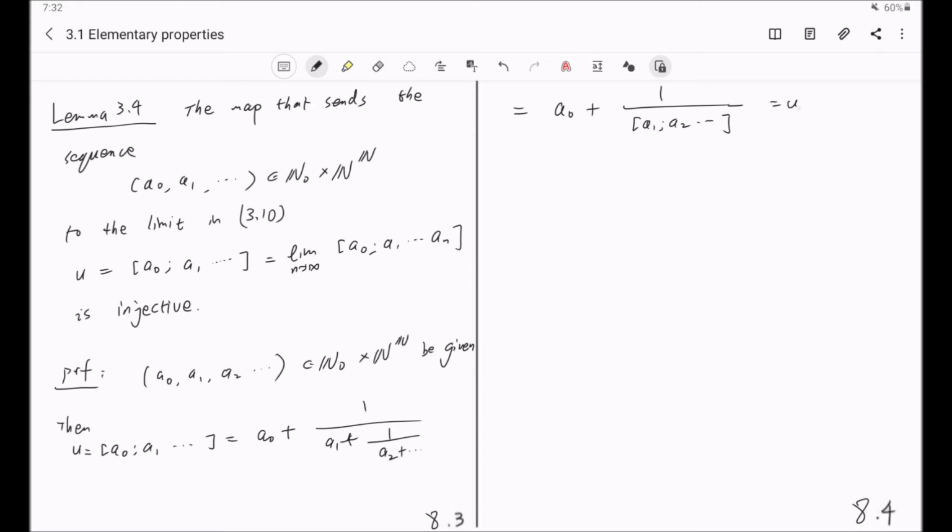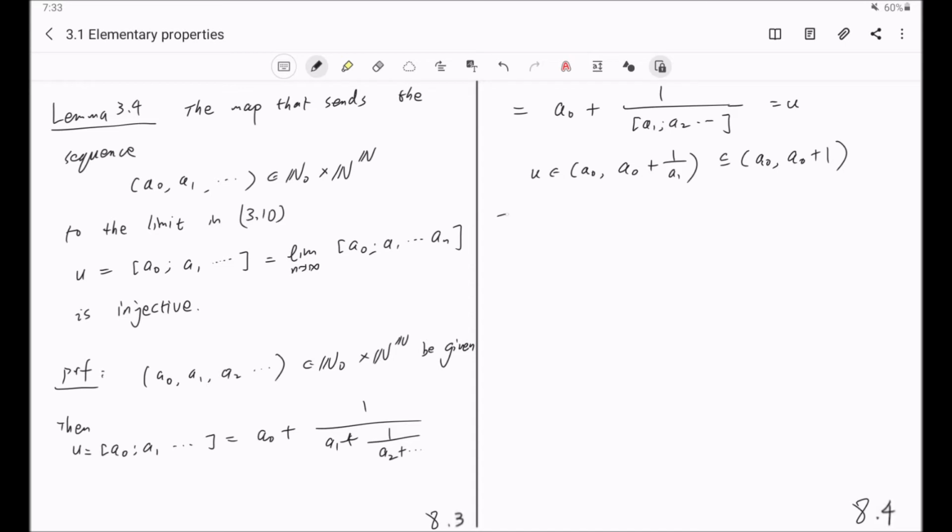Okay, so now we have, this is u. You can easily see from here that u lies between a0 and a0 plus 1 over a1, and this is contained in the interval of unit length from a0 to a0 plus 1.